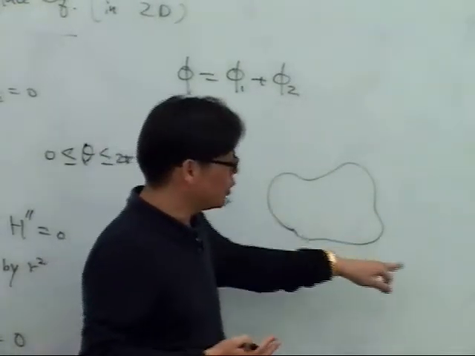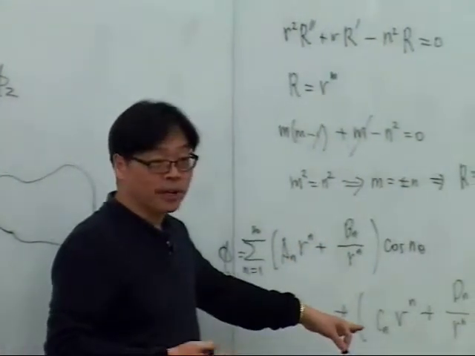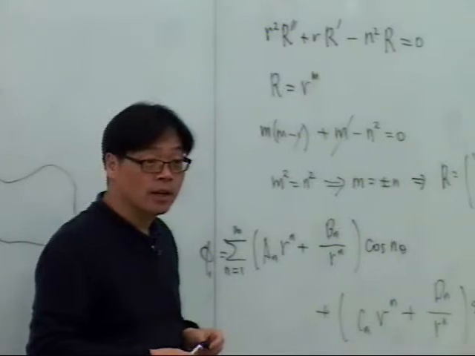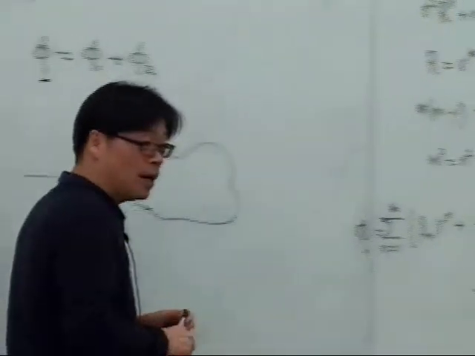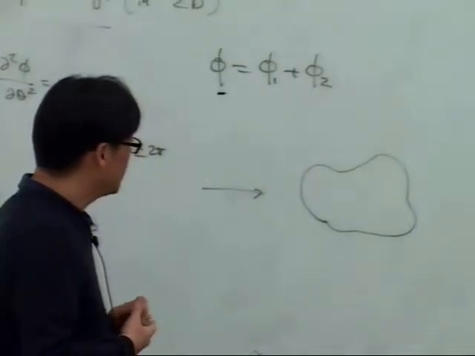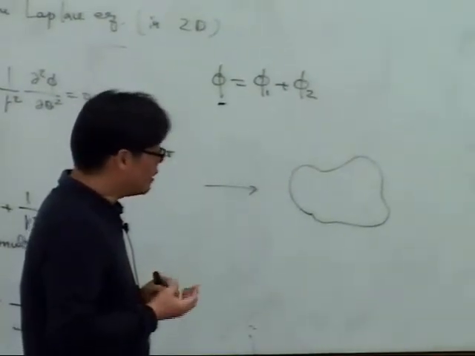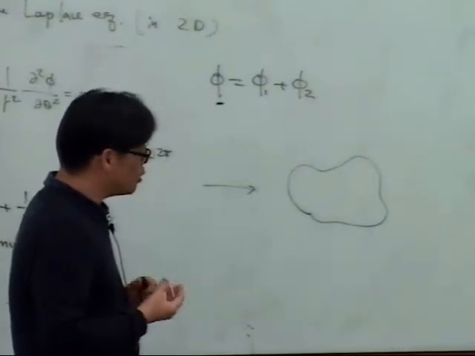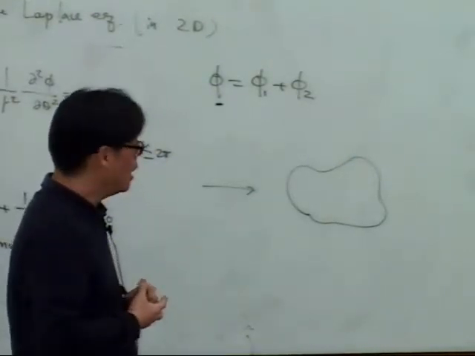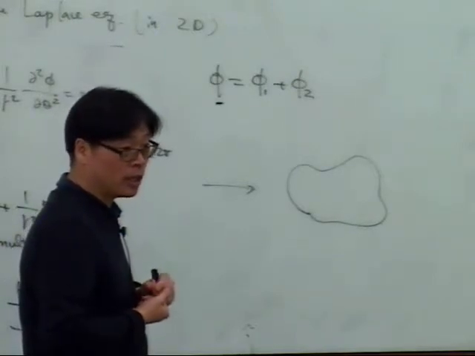The problem is we don't know what A sub n, B sub n, C sub n, and D sub n are. We have to find them by imposing boundary conditions. But the determination of those constants is not straightforward. It's not easy, except for simple geometry.